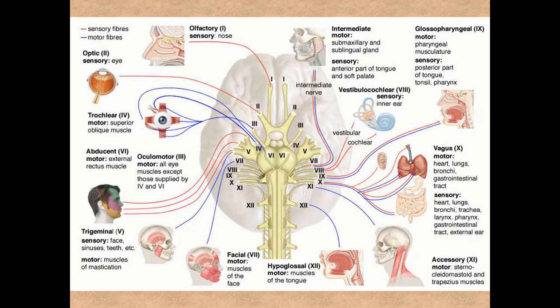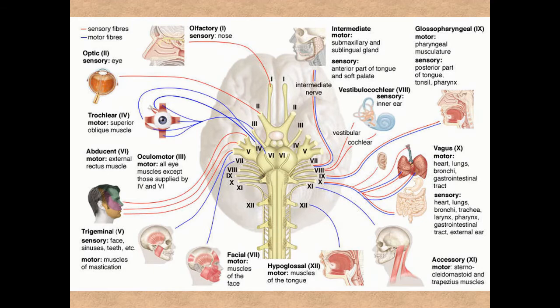This is just an easier photo to be able to look at. It's a good one that shows not only the photos of it, but also tells you what it is and where it goes.